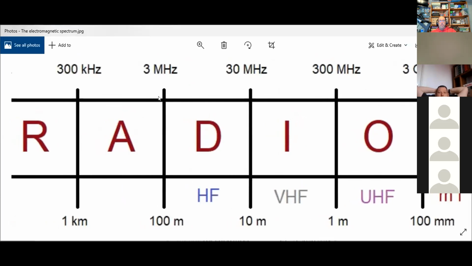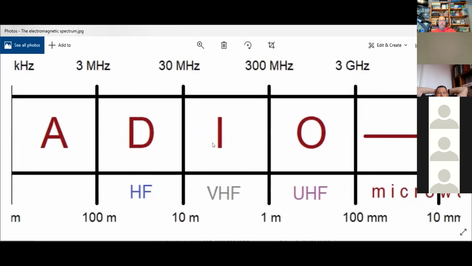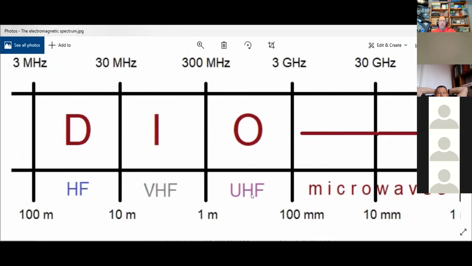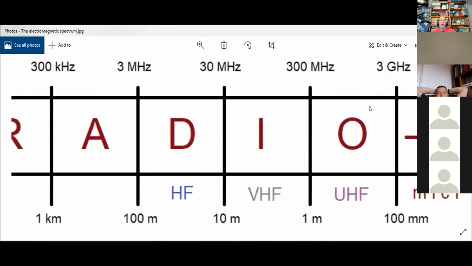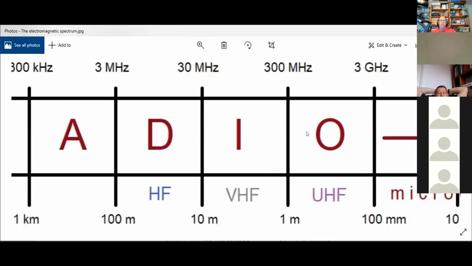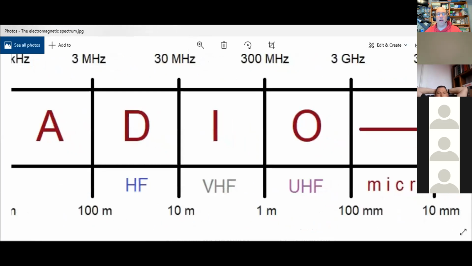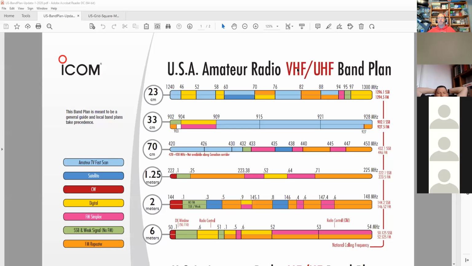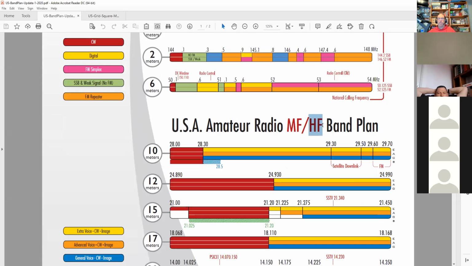There you go. HF is 3 to 30. VHF is 30 to 300. UHF is 300 to 3000 megahertz. And now we look over here and you will find there's VHF, there's UHF, and down here there's HF.